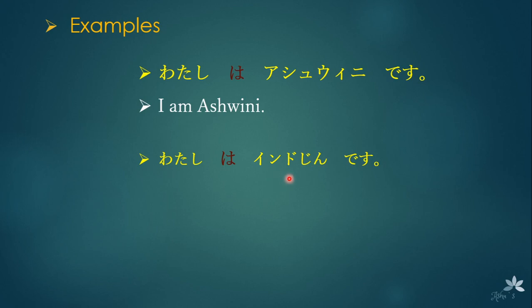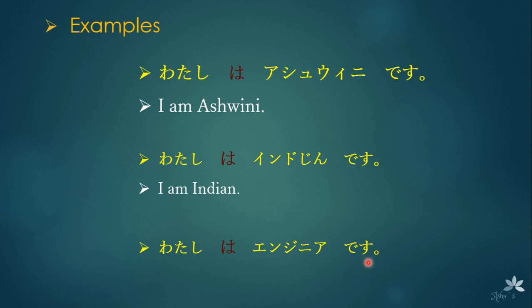So this sentence means I am Indian. The third example here is Watashi wa engineer desu, which means I am an engineer. If you notice in all these three examples, watashi, that is I, is the subject of the sentence. So I am here talking about myself.